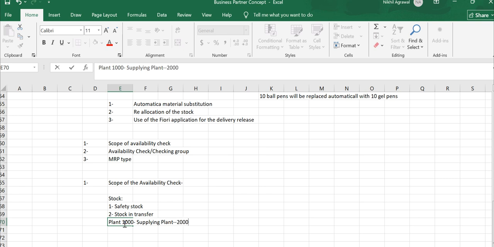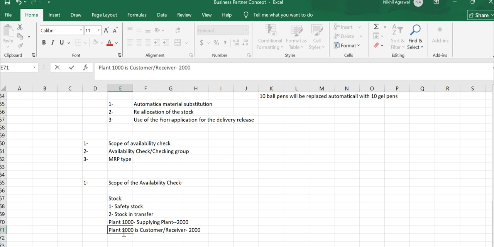In that case, stock will be reducing, guys. In case plant 1000 is a customer or receiver, receiving the stock from plant 2000, then plant 1000 has raised the purchase order and requested the supply of goods from plant 2000.